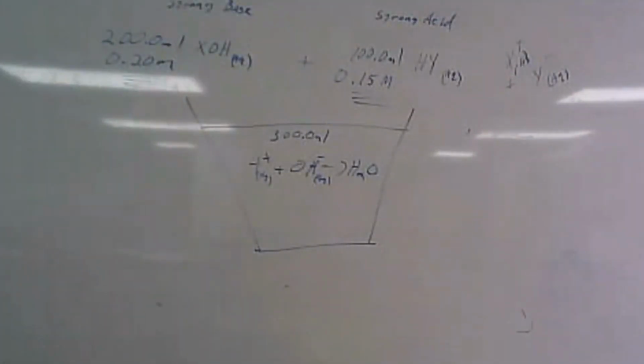Next, we've combined the two. We measure the temperature. The original temperature was 20.0 of both solutions. So go ahead and write original temperature, 20.0.